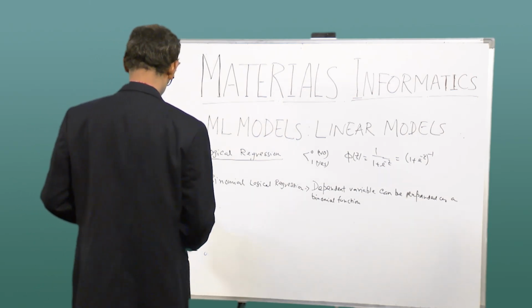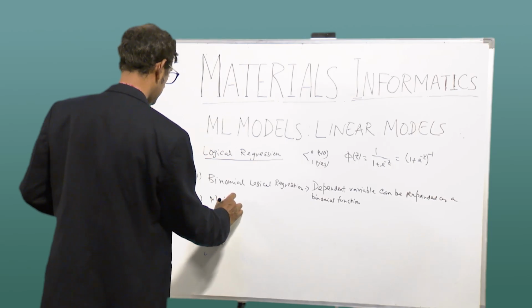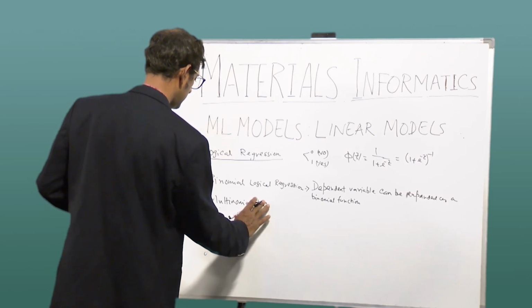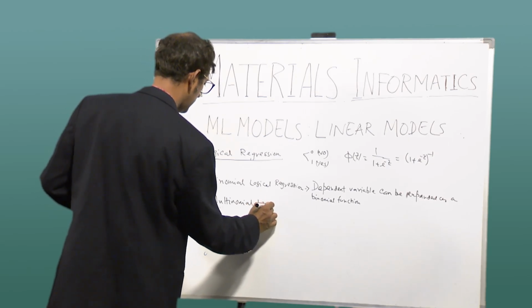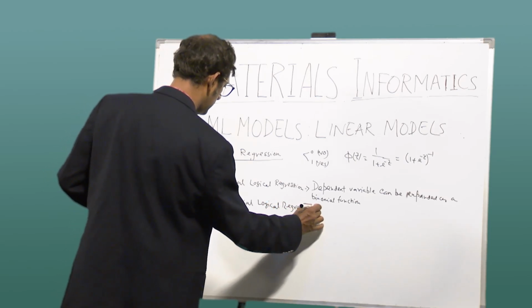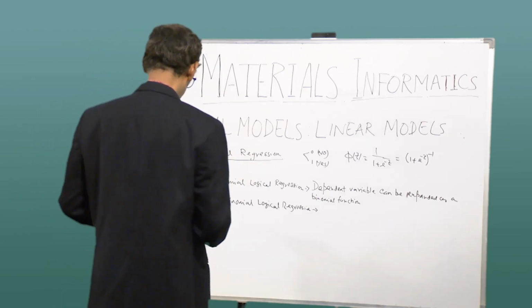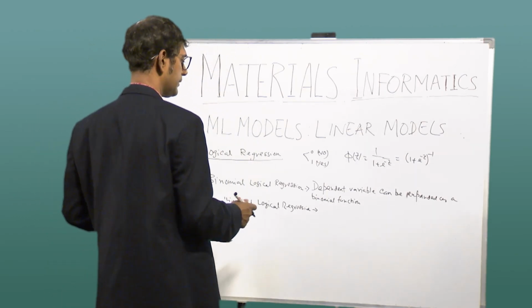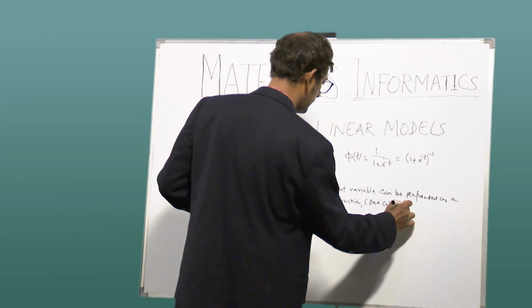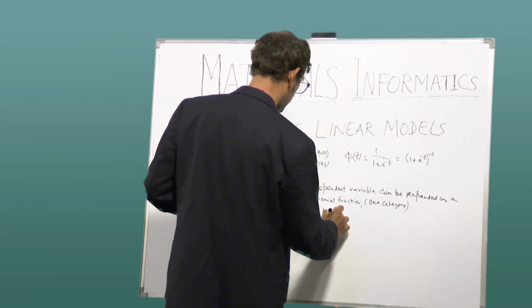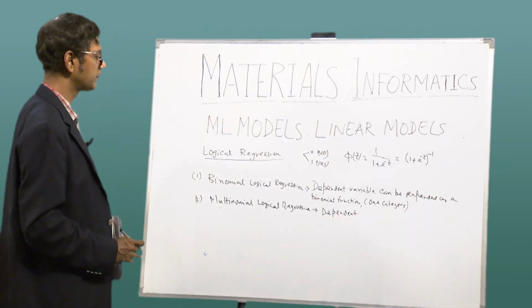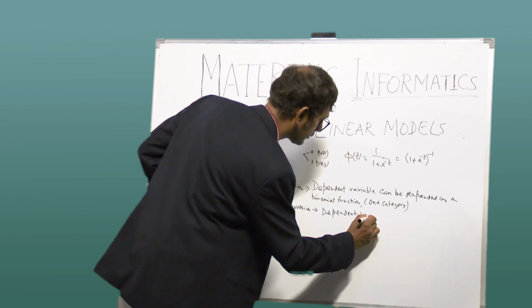Second is multinomial logistic regression. It is used when the dependent variable has 3 or more possible categories.